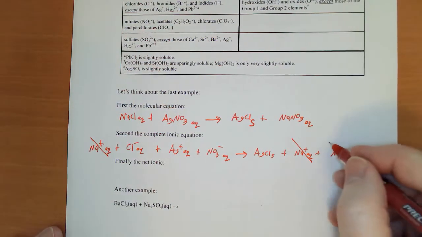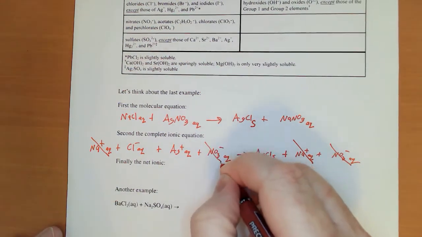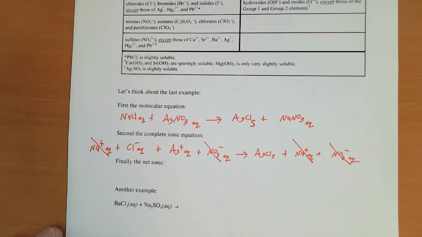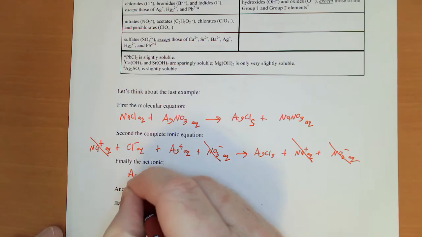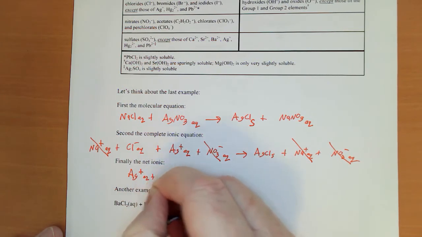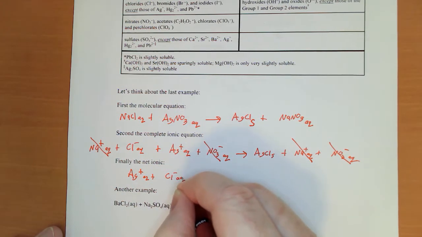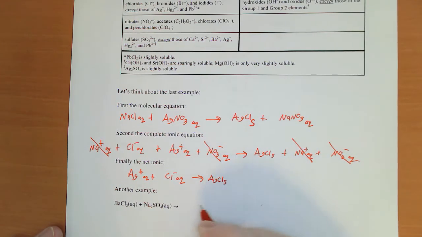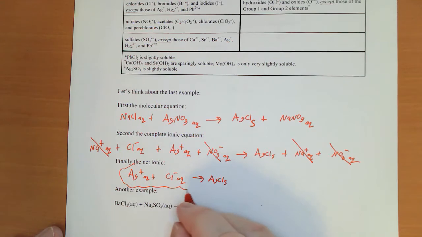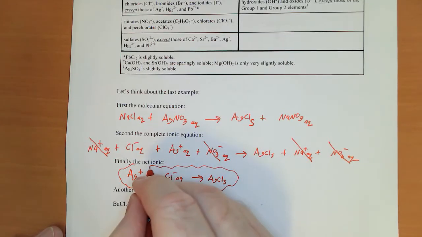I'll cancel it. I've got nitrates on both sides of that equation, so I'll cancel that. And what does that leave me with? Ag plus aqueous plus Cl minus aqueous gives me AgCl solid, and that is what we call a net ionic equation.